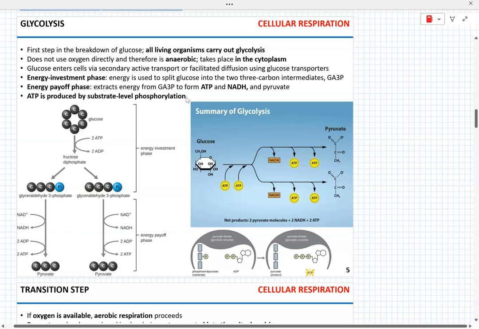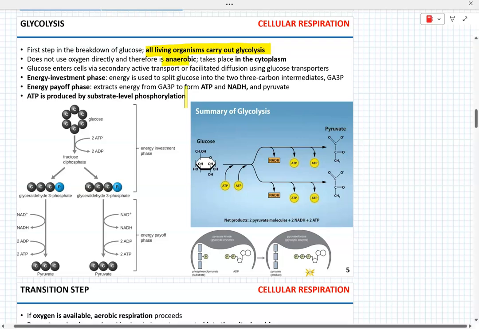The first step of glucose catabolism is glycolysis. It is one of the most ancient biochemical pathways, since all living organisms carry out glycolysis. This universal use of this metabolic pathway suggests that it evolved billions of years ago, and it was the first pathway to break down a monosaccharide, such as glucose.